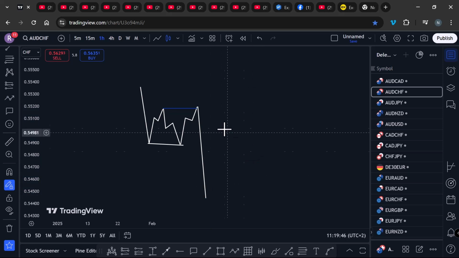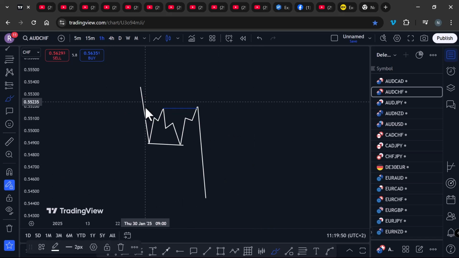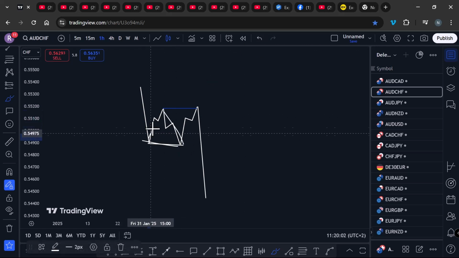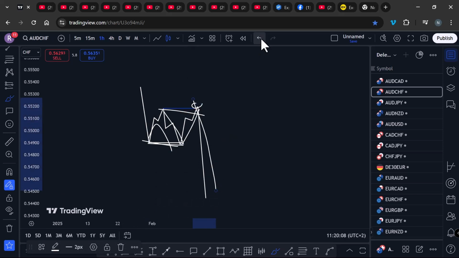First things first, we need the scoop, whereby price creates a pullback and has the spacing in between, right? That is how you identify a proper high quality 2-touch, and then it has to go down to create what? A base. So already we have the base, and then it has to go back up, and then that's that, and then the sell, right?